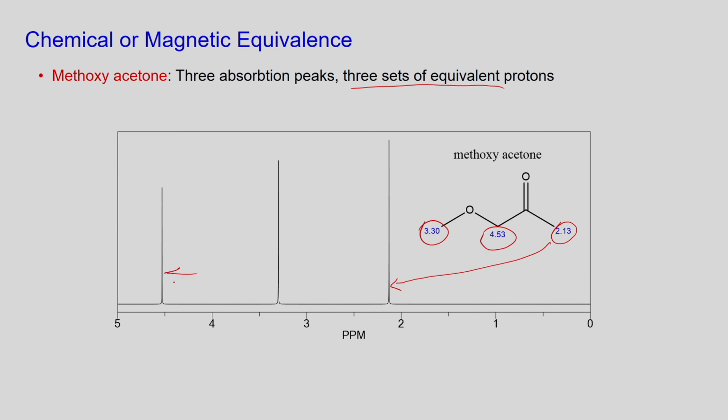While in the case of 3.30, it lies somewhere in between the methyl group attached to the carbon and the methyl group attached to the oxygen atom. It is in between primarily because it is in contact with the oxygen atom, which is electronegative in nature.